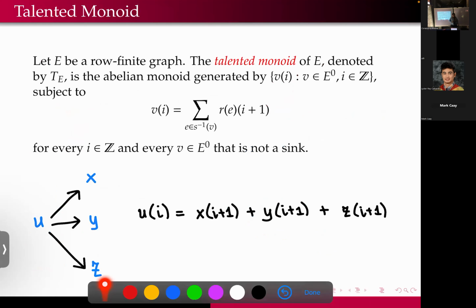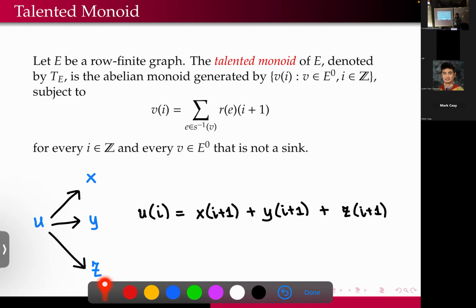But what we did actually is a computation in the so-called talented monoid. What is it? Earlier, the graph monoid is a monoid generated by your set of vertices subject to some relations. Now, on the other hand, a talented monoid would be, again, a generating set. This time, I have a set containing V paired with an integer i, and I subject that to some relations being V of i equal to all of the ranges, summing them up, but now adding 1 on the index.